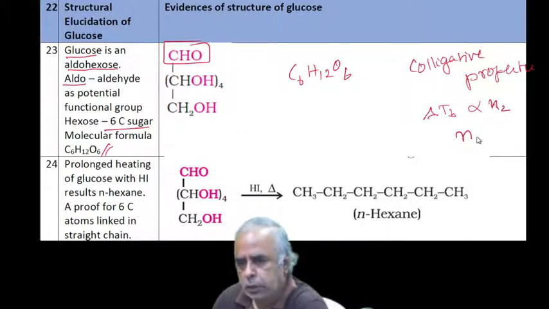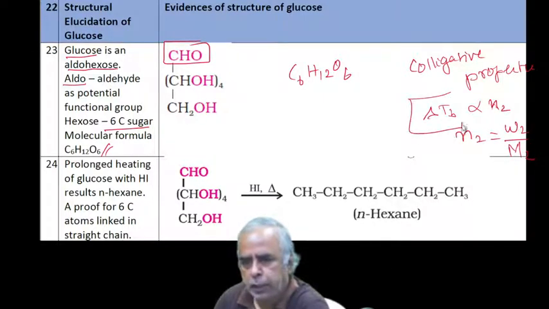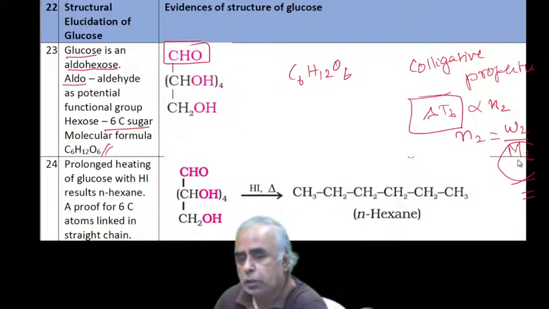And the mole is nothing but weight of solute divided by molar mass of solute. So in that case, the delta TB is the experimental value and we know the other values, and based on that you can find out the molecular weight of the given substance, is it not?